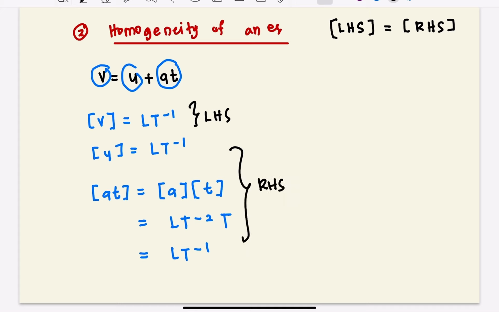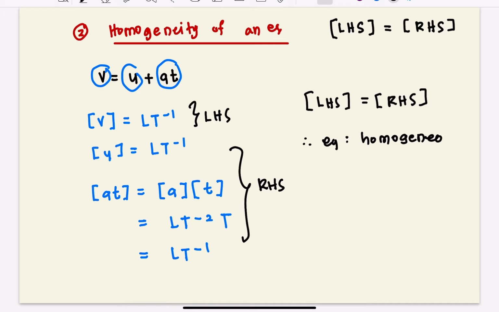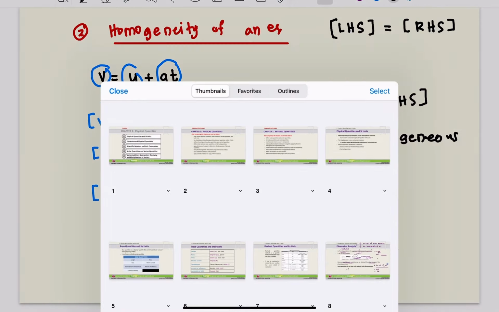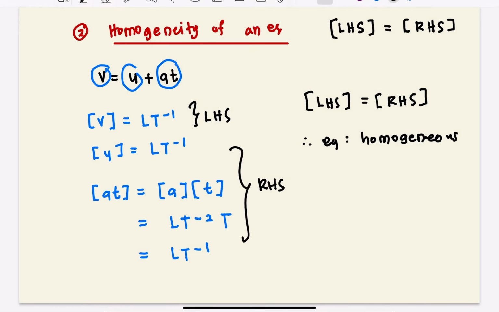So all of these have the same dimension. So you can say that left hand side equals right hand side. Then the equation is homogeneous. Right? Okay, let's look at another example.